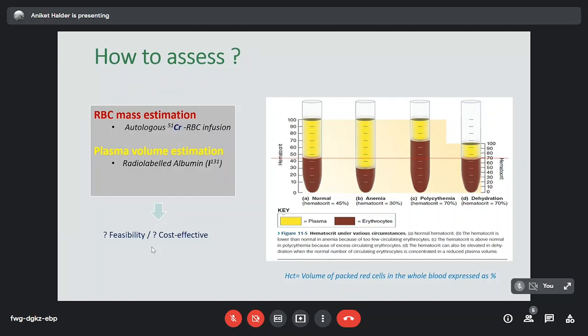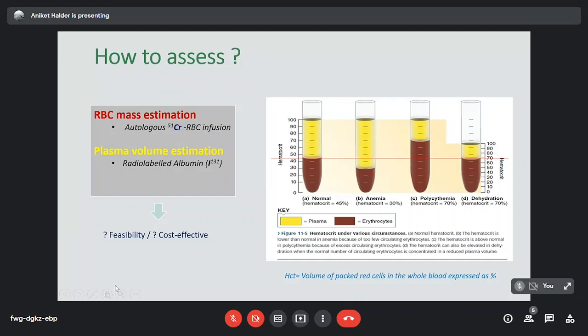Similarly, we can also measure the plasma volume by use of radiolabeled albumin, in which the radioactive substance used may be iodine 131. But these are difficult processes, and due to poor feasibility and cost effectiveness, these are not practiced. So how do we assess erythrocytosis? We depend on the hemoglobin levels and the hematocrit levels, which are quite easily obtained in a laboratory.